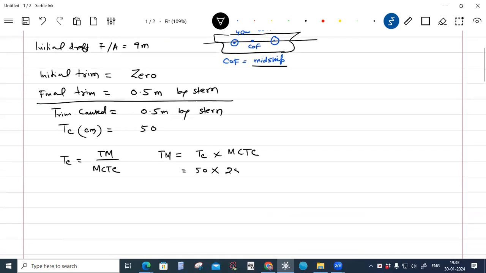So the trimming moment is 12,500 ton-meter. And what should be the direction? By stern. Correct.